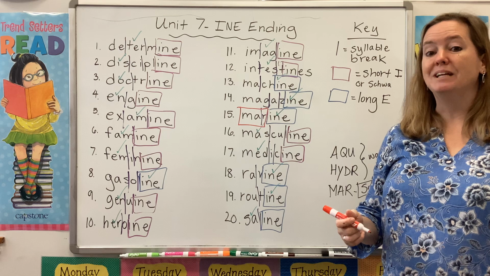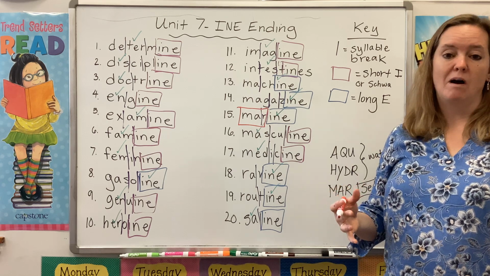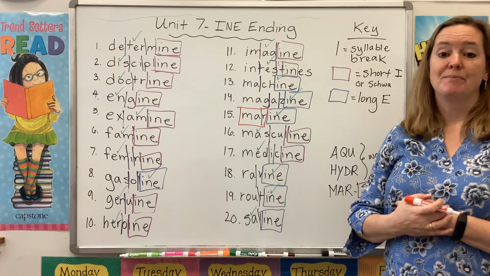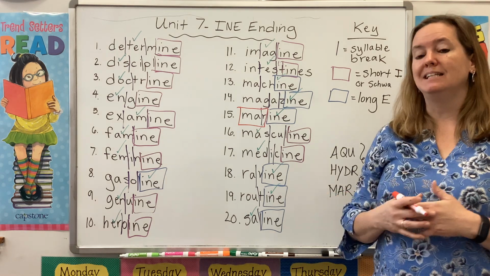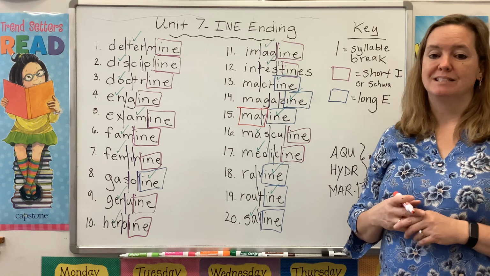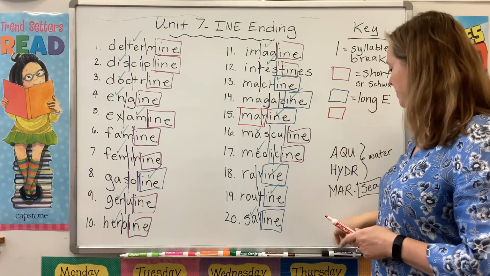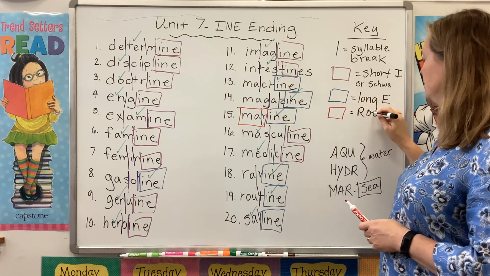Think about the Marines. They train to work on the water, right? Marine animals are animals that come from the sea, right? So you go to an aquarium to see the marine animals, the sea otters and the walruses and the seals. So right here, back in your key, I want you to write red box equals root.